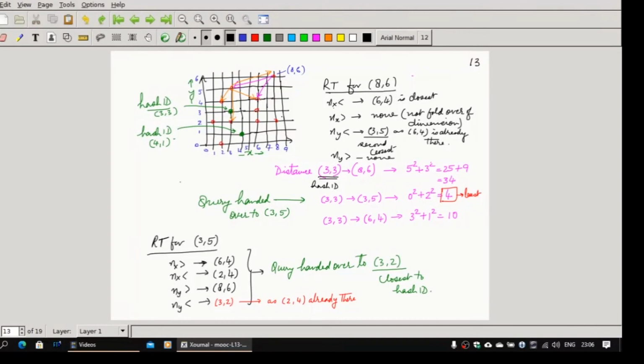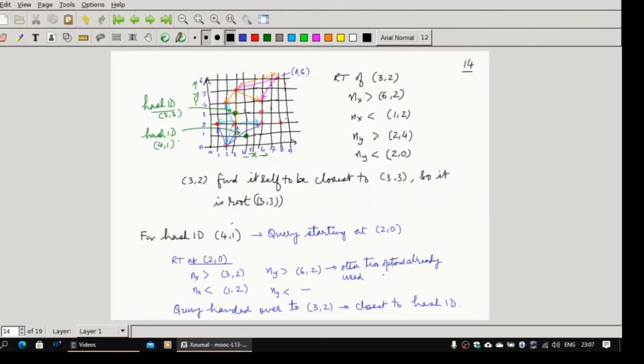If you compute the distance, all these are occupied, and this one is also far off. This is the closest, so we will put it there. Now when 3,3 is measured against all these 4 nodes, 3,2 will be the closest one and the query will be handed over to it. Now 3,2 has to build its own routing table, which it will do.